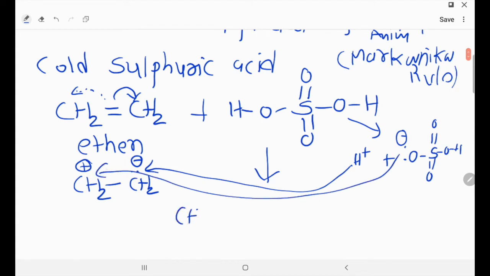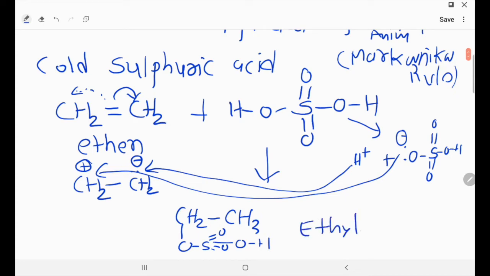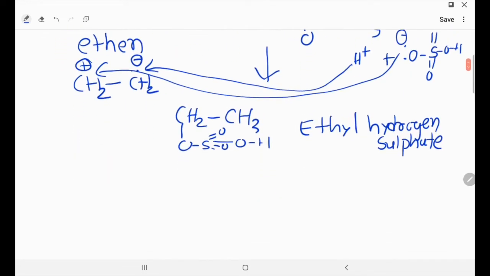So CH2 CH3, now O, S, double bonded oxygen, single bonded OH. This one is considered as ethyl hydrogen sulfate. So in this way you can generate ethyl hydrogen sulfate.